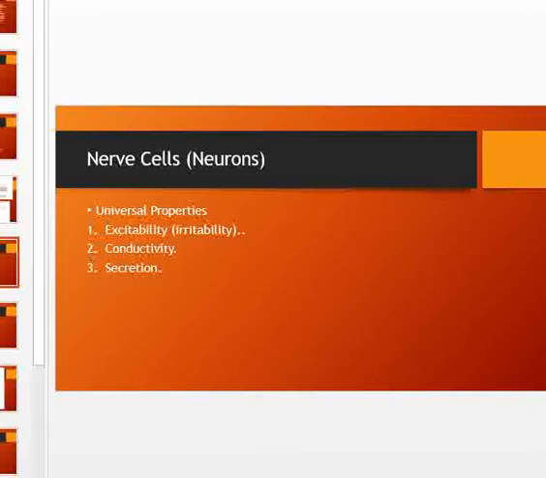Stimuli can be fire, can be a cane, can be rain. There are very many types of stimuli, right? So neurons have developed this property to the highest degree. So that is one universal property of a neuron, excitability.